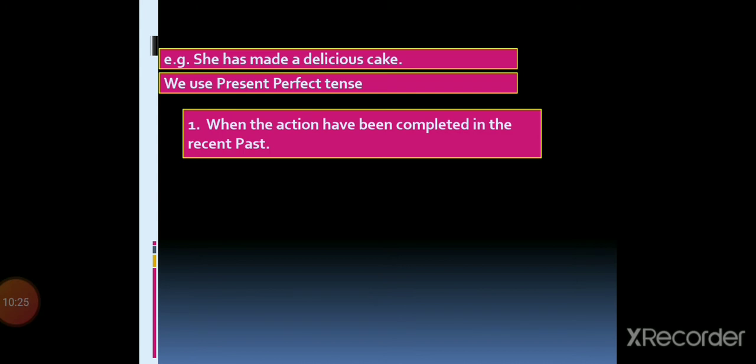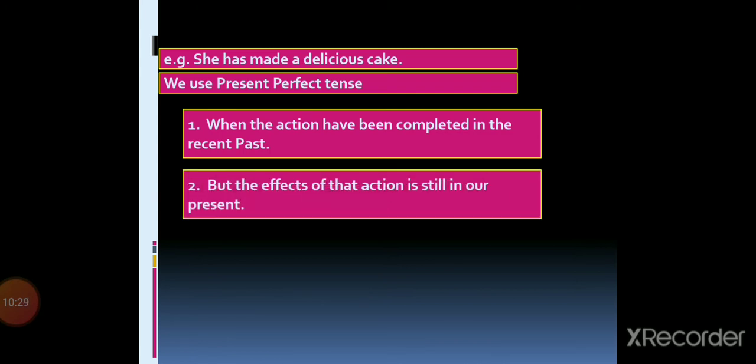So when the action is completed just now and the impact or the effect of that action is in our present moment, that type of action we could consider as present perfect tense. I hope you understand the concept behind the present perfect tense.